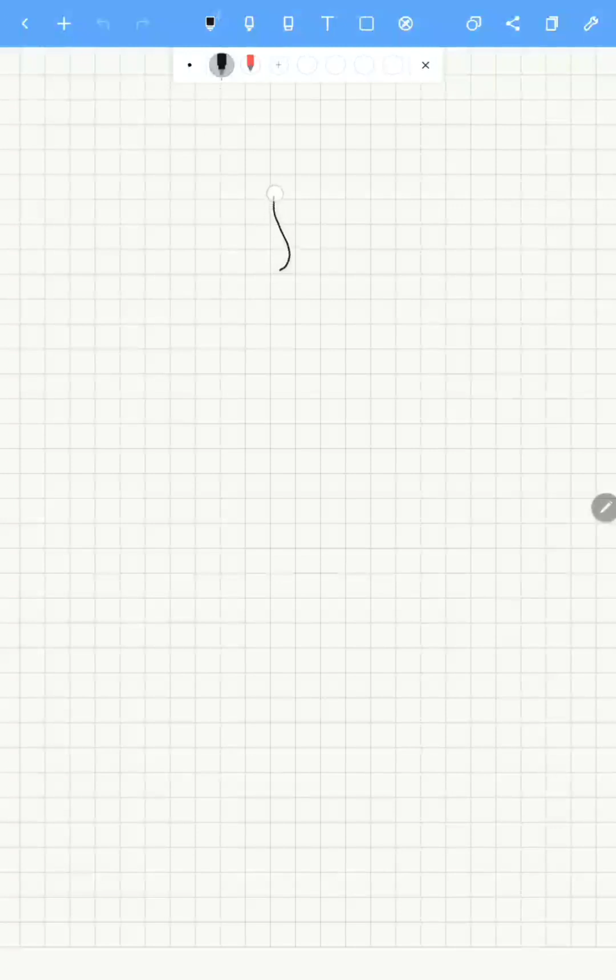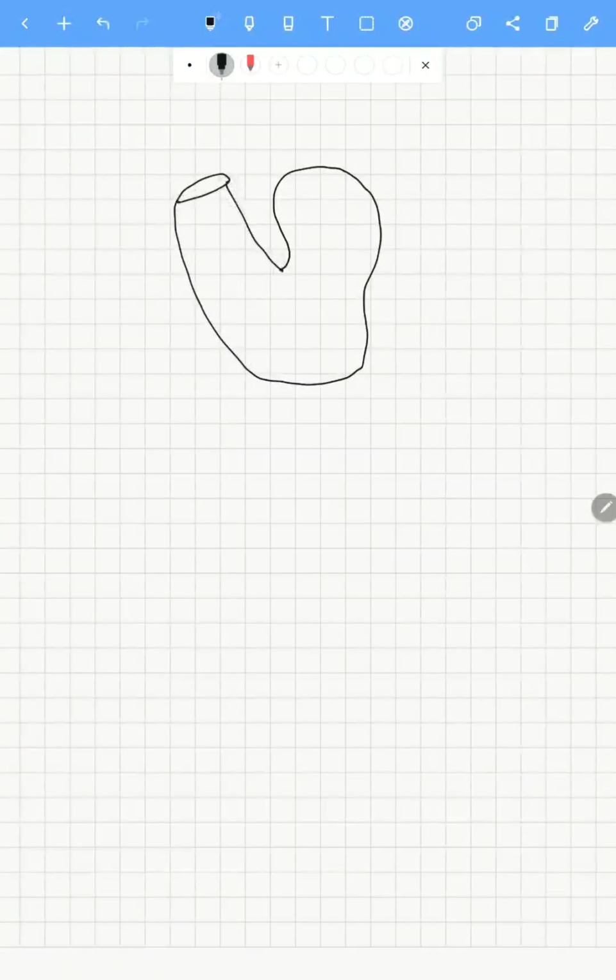Let me draw the heart once again so that I can show you. This is the heart. This is the left atria. This is the left ventricle. This is the aorta.